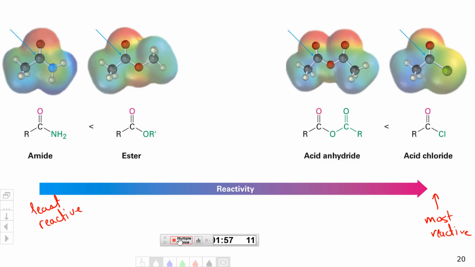The Cl is the best leaving group. That's a good point. The Cl is a good leaving group, so it will be reactive, compared, for example, to NH2 or NH3 that's going to leave in the amide. So I'm taking both extremes because it's easier to see. Other than the leaving group argument, the requirement is to have the carbon of the carbonyl more electrophilic, more in need of electrons.